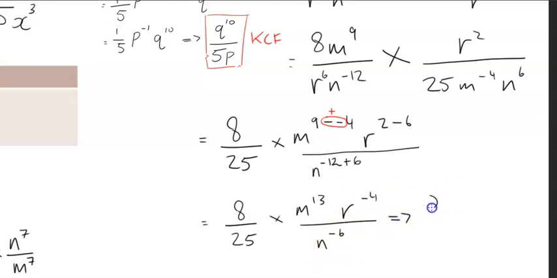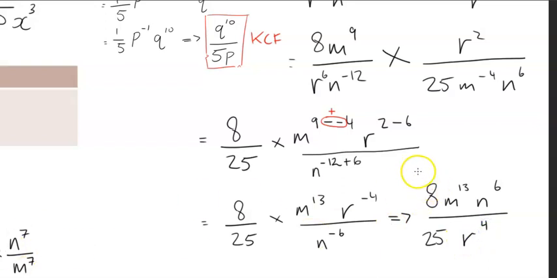Let's put our 8 back on top. What stays on the top is the m to the power of 13. What now goes to the top is this n to the power of negative 6. When it goes to the top, it turns into n to the power 6. What stays at the bottom is 25. And what goes to the bottom is the r to the power 4.